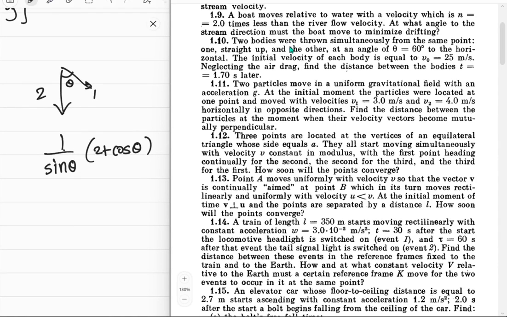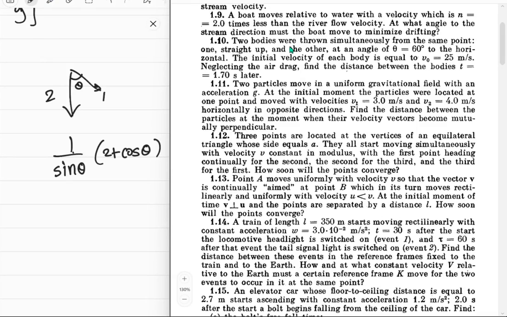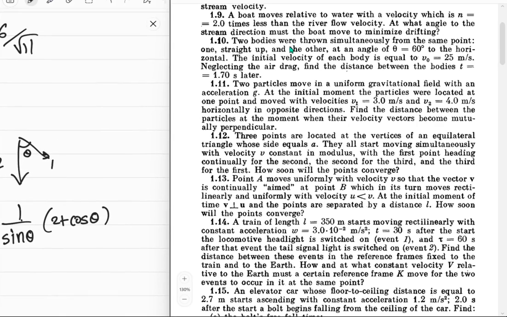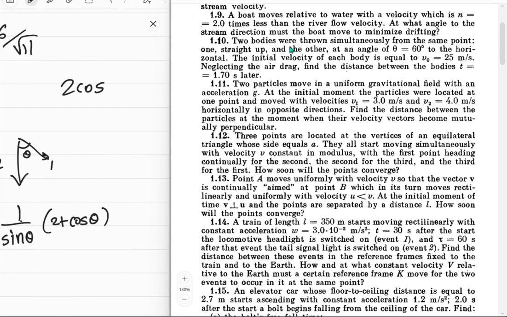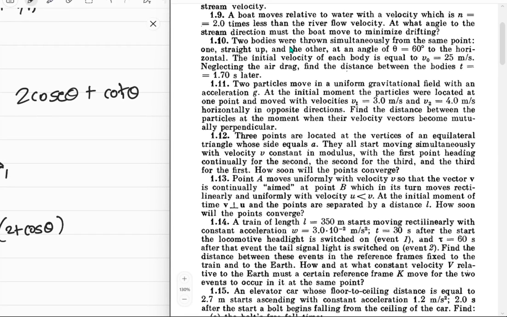Exactly. You want to minimize this thing. Fine. How would you minimize this thing? Just take a derivative, of course. So 2 cosec theta plus cot theta, right? We want to minimize this, so just take that guy's derivative.